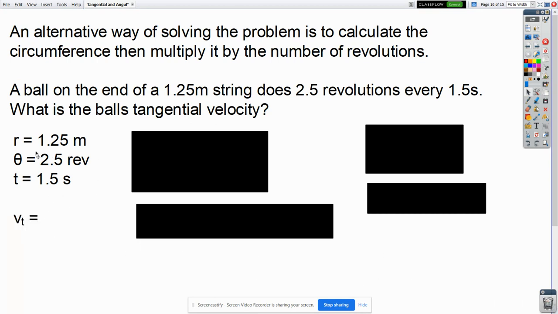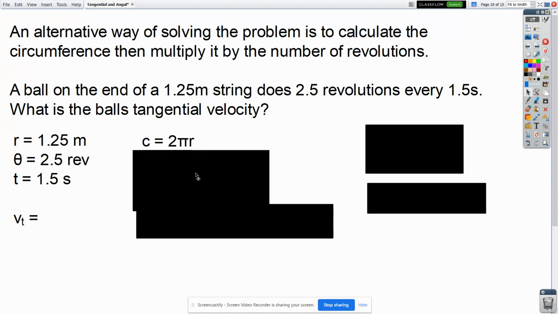This time, instead of going through that process of converting the revolutions into radians, we're just going to use the radius to calculate the circumference, and then the number of revolutions it goes through to figure out what the total distance is that the object travels. The circumference of a circle is 2 pi r.